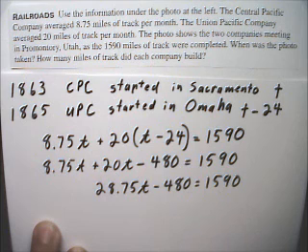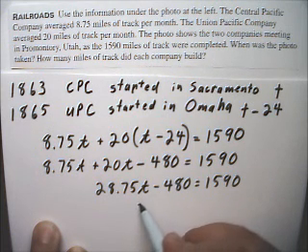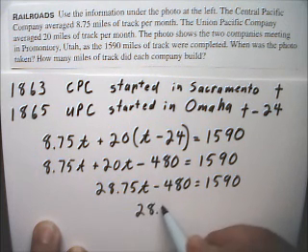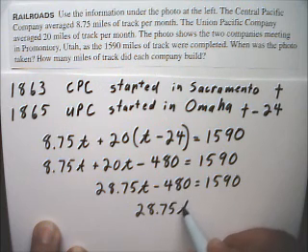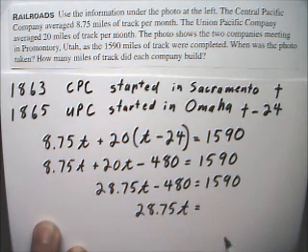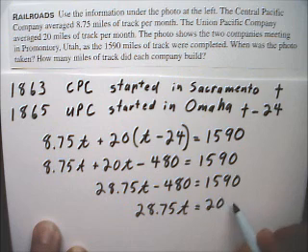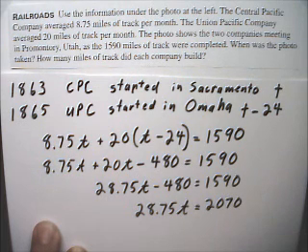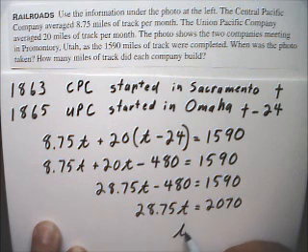It's minus 480, so I have to add 480 to both sides. So 28.75 T equals 2070. And now when I divide both sides by 28.75, I get T is equal to 72.